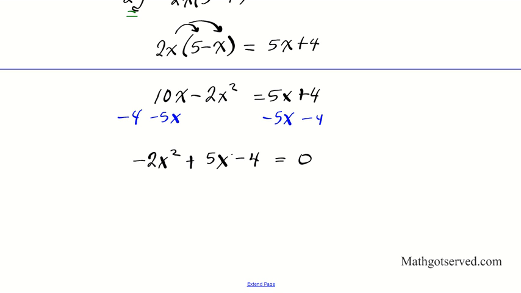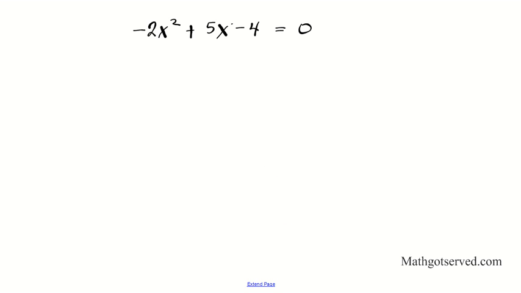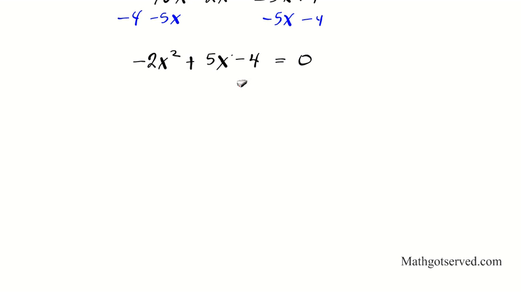Now, does this quadratic equation have real solutions? The quickest way to check is to examine the value of the discriminant. The quadratic formula is x equals negative b plus or minus the square root of b squared minus 4ac, divided by 2a.